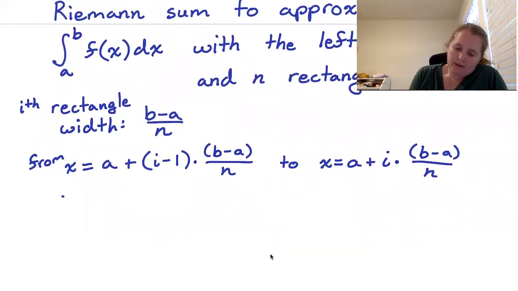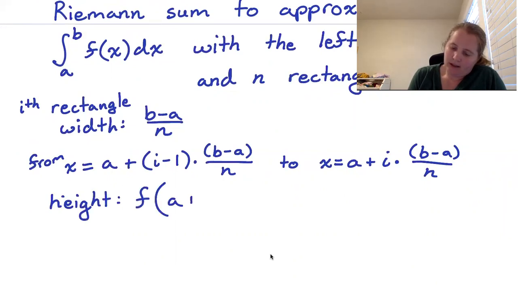The height would be f of this a plus I minus 1 times b minus a over n.